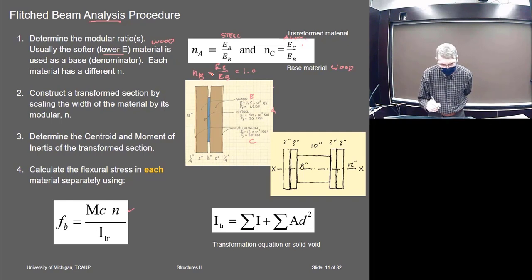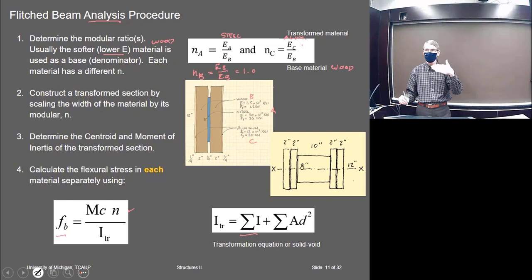So, okay. And then once you've done that, you calculate the moment of inertia of the section, and then you calculate the flexural stress with this formula, M C over I, but you've got to do it for each material separately.